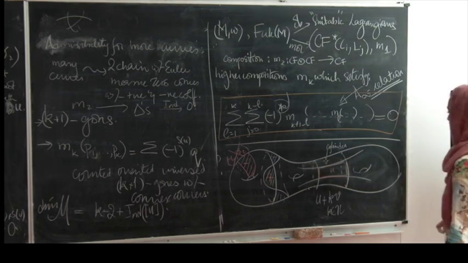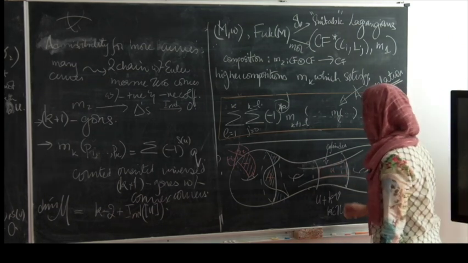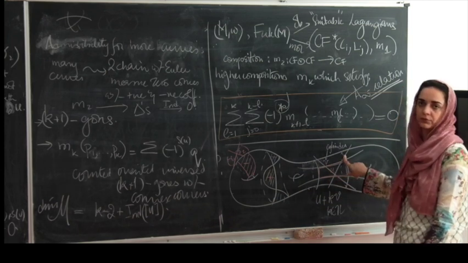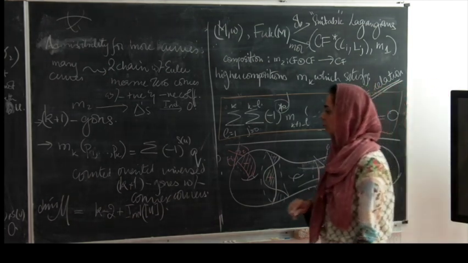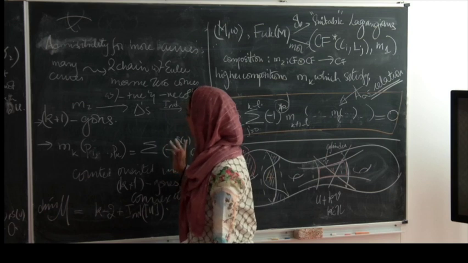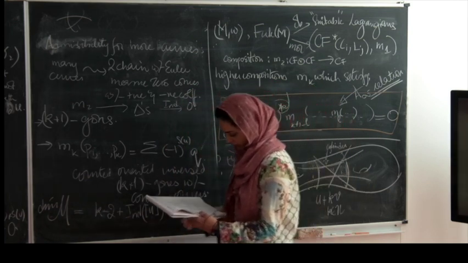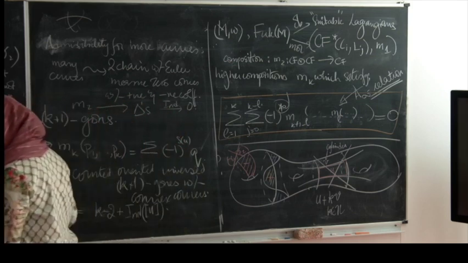So this is what you need to block with admissibility, so you do not allow this to happen. Okay, so these are well defined, you can count these, and that gives you the infinity structure.